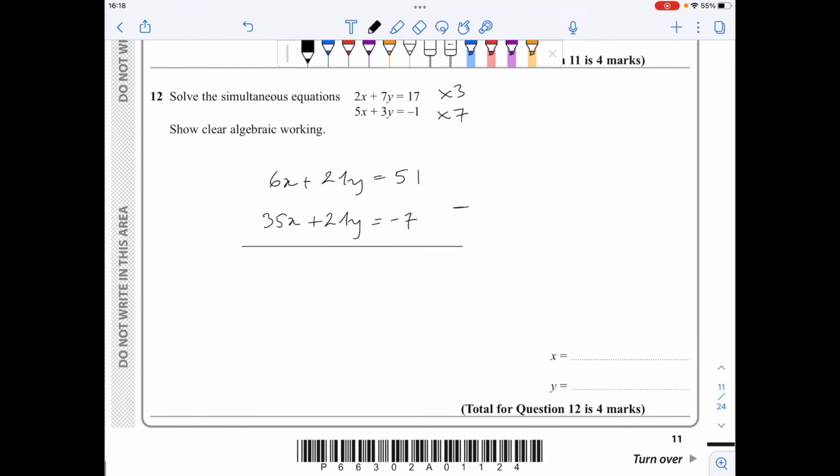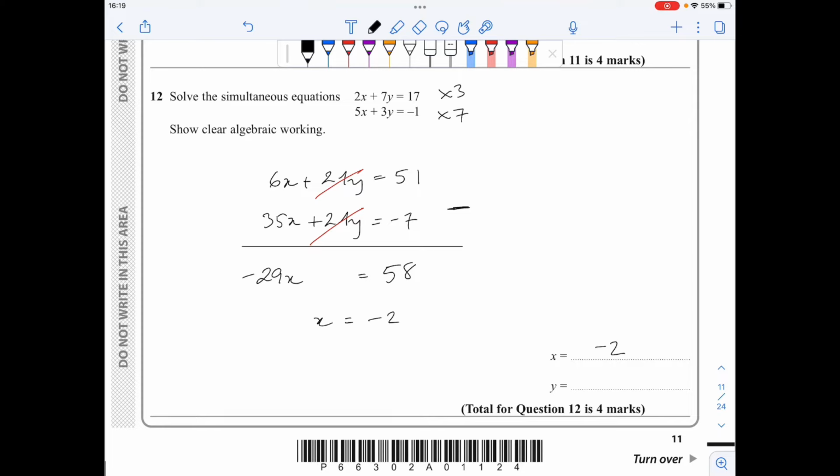Then I will subtract the two equations and the y's will cancel out. Now 6x minus 35x is minus 29x, and then 51 minus 7 will give me 58. So x is 58 divided by minus 29, that's minus 2.